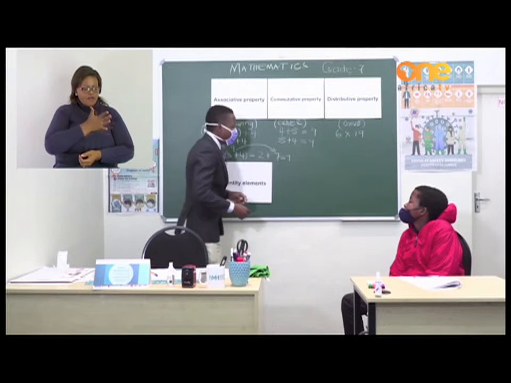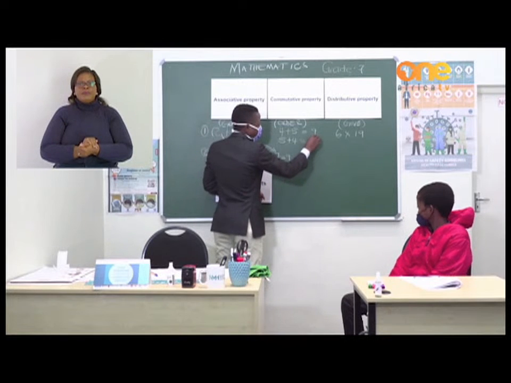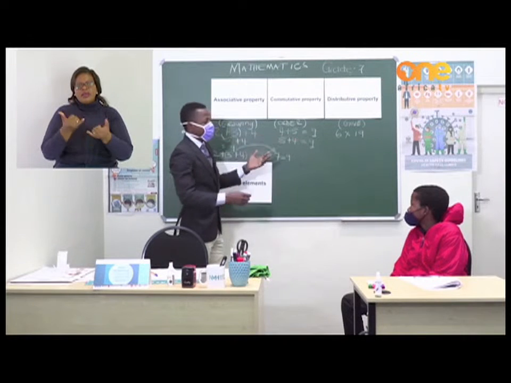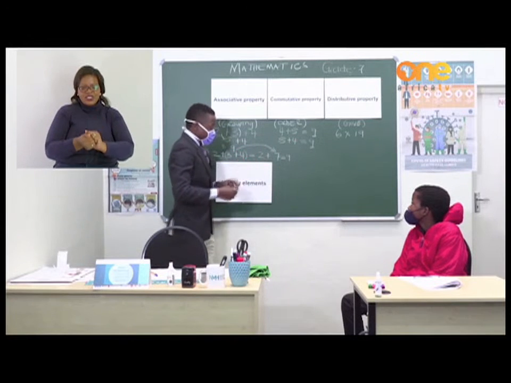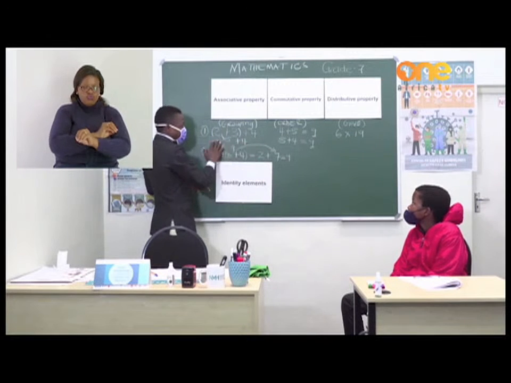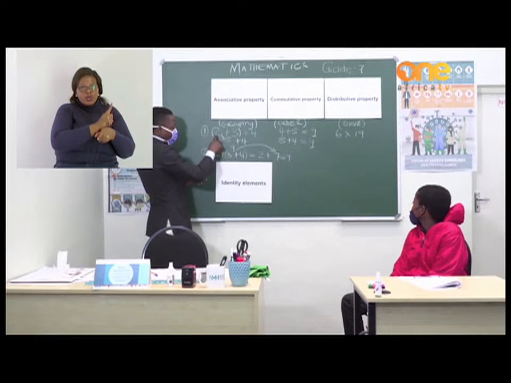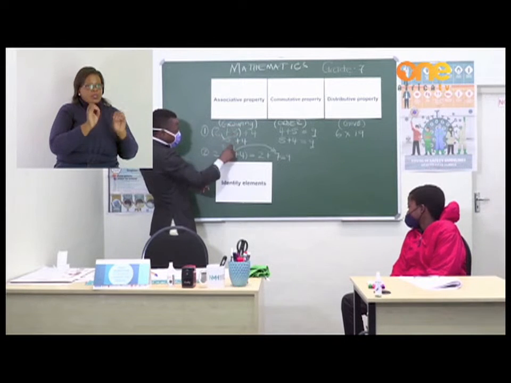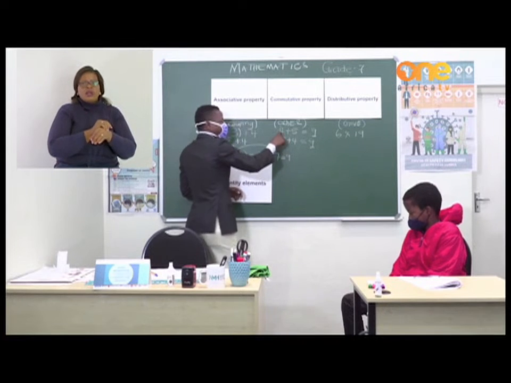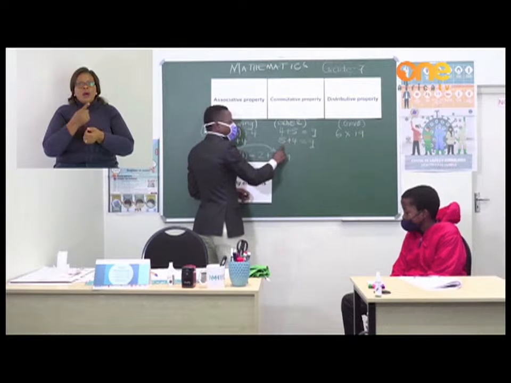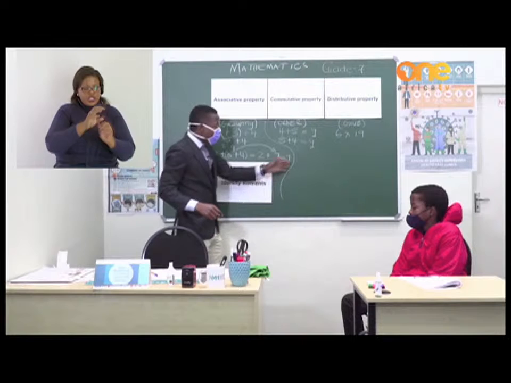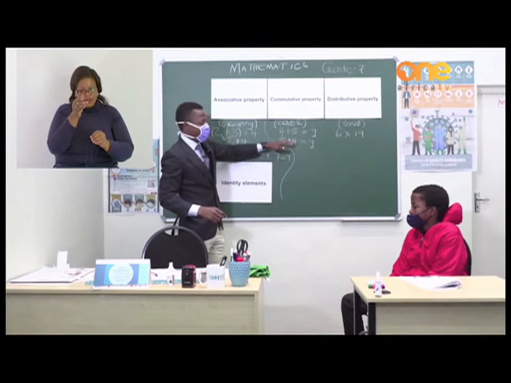Addition is the same, but I still get the same answer. So in this manner, there is some sort of changing the order. Here the order did not change. 2 was the first, 3 followed, 4 last, but here 4 started here, and 4 has to end here. So in that manner, you can see that the order has changed.